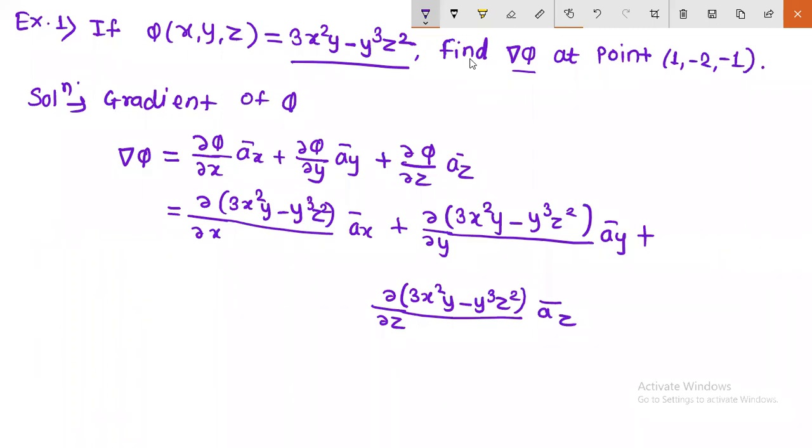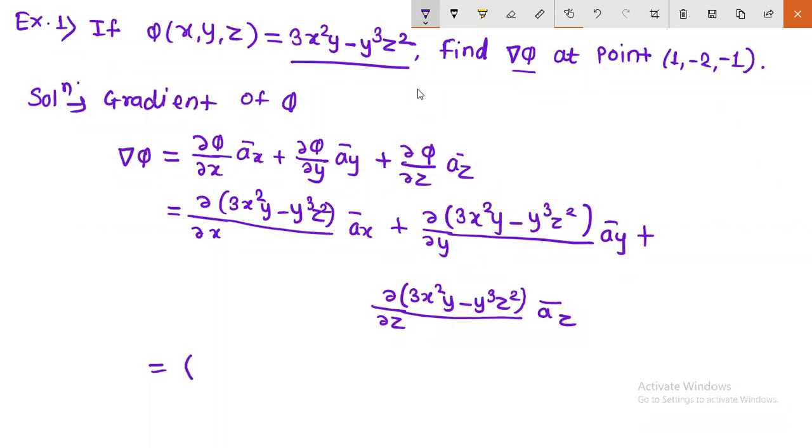Now we have to solve this. So it is del upon del x. We are differentiating with respect to x. Can anyone tell me what will be the answer here? Del upon del x of 3x square y minus y cube z square. 6x square?